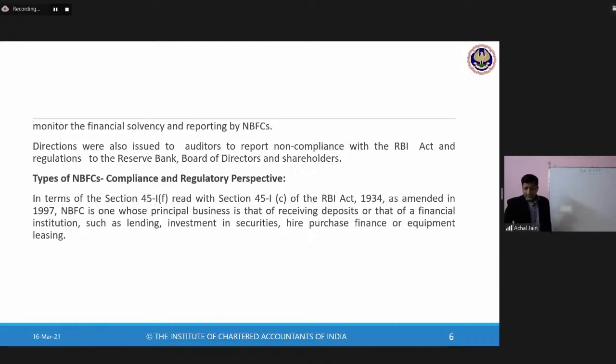One, deposit taking NBFCs, and second, non-deposit taking NBFCs. Number two, as around non-deposit taking NBFCs, by their size, they can further be categorized into two categories: systemically important and non-systemically important.